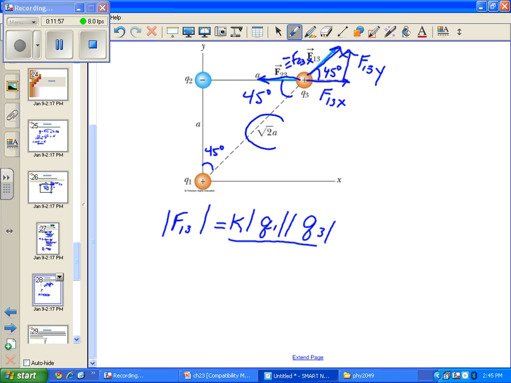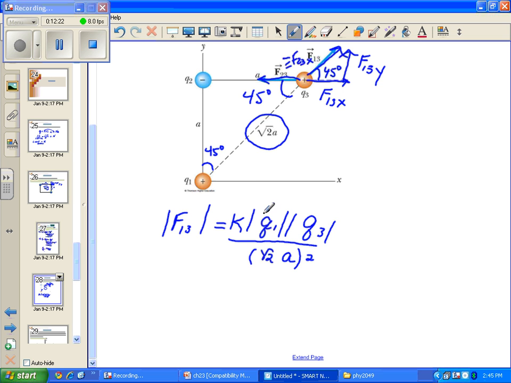They're giving us as the square root of 2 times A. Well, the square root of 2 times A is also going to be squared. And so we can simplify this as 2 times A squared, which we will shortly. Notice, however, that Q1 is an absolute value and so is Q3.